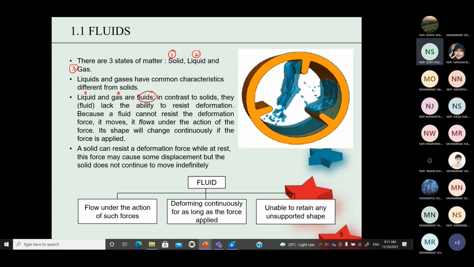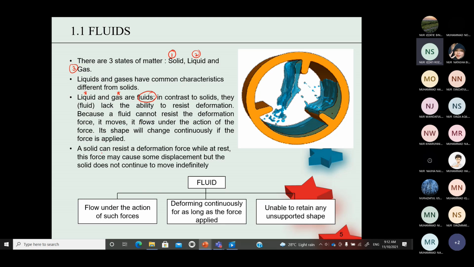It means that when the pipe is moving, the water will also move following the force. When the pipe moves in this direction, the fluid will also move in this direction. It will follow where the force comes from. So its shape will change continuously if the force is applied. It means that the liquid will not retain its shape, right? When we move, it will flow and the shape continuously changes.